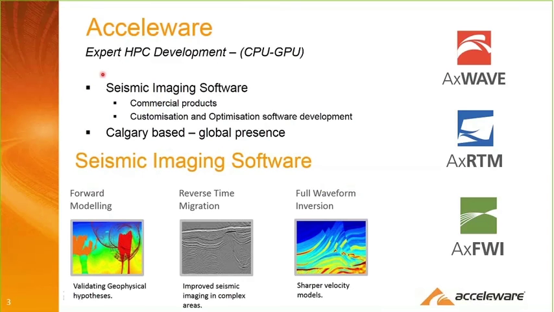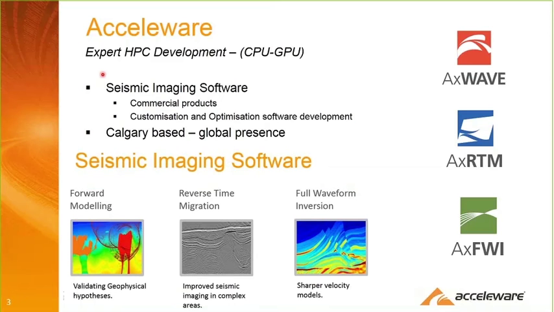So let me briefly introduce you to what Acceleware is all about. Some of you may not have heard much about Acceleware. We're a high-performance computing software developer, and we've focused on the development of seismic imaging technology, namely reverse time migration and full waveform inversion.